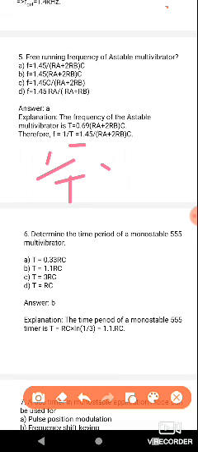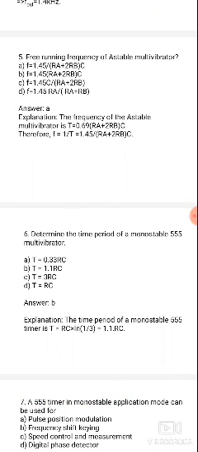Sorry, T is equal to 0.69 into (RA plus 2RB) into C, so F is equal to 1 by T, which is 1.45 by (RA plus 2RB) into C.